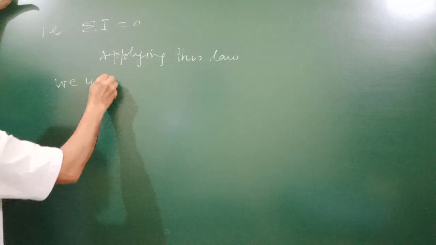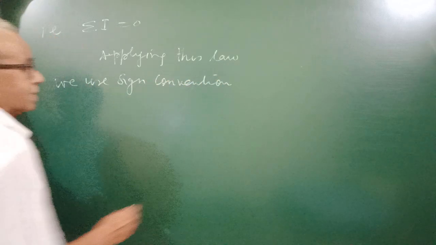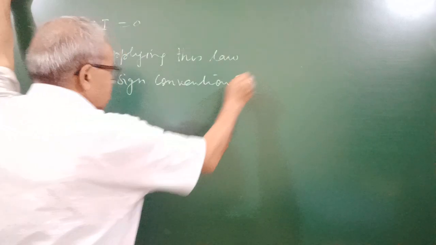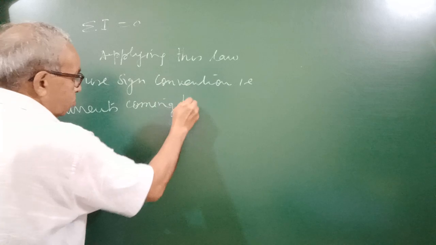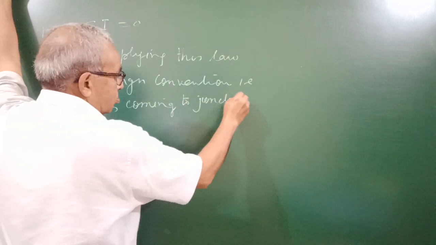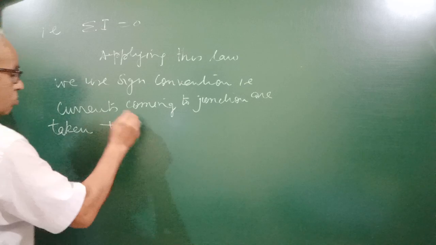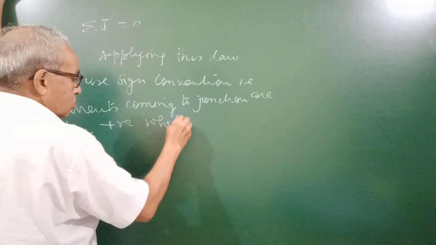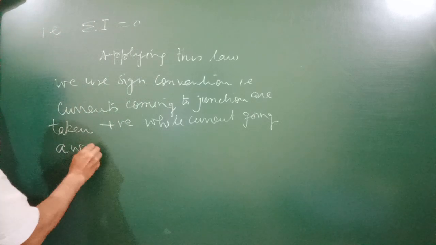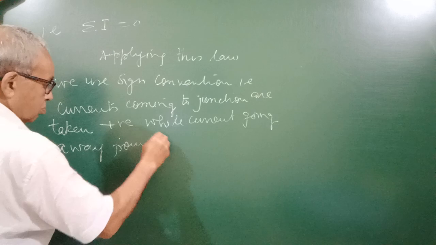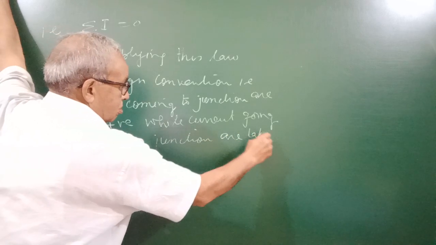That is, currents coming to the junction are taken positive, while currents going away from the junction are taken negative.